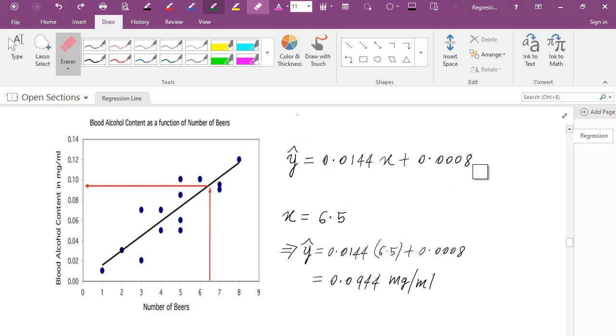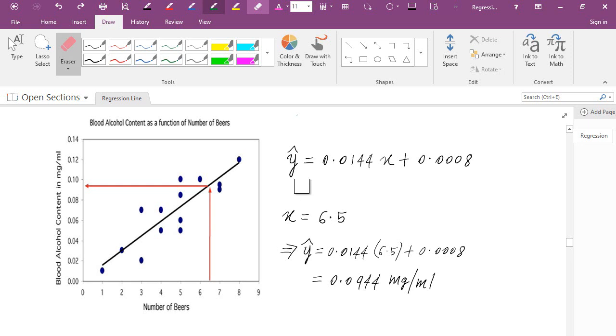Now let's say that we want to know the blood alcohol level if a person drinks 6.5 bottles of beers. Notice that 6.5 is not in our data set, so we use the trend line equation to predict the blood alcohol level.